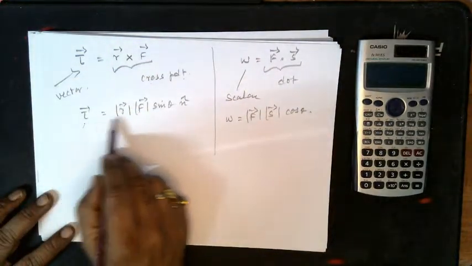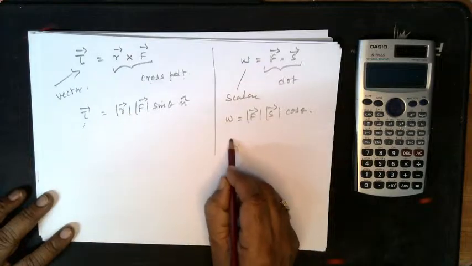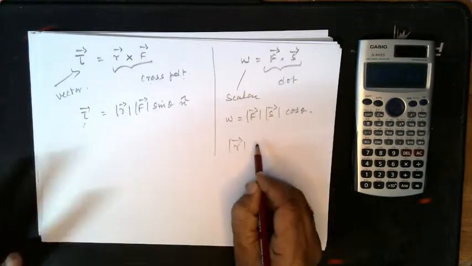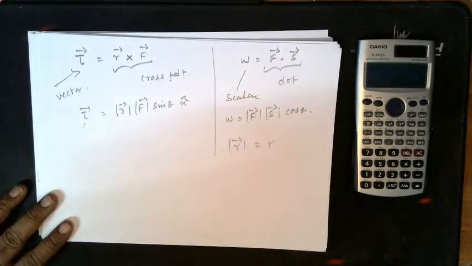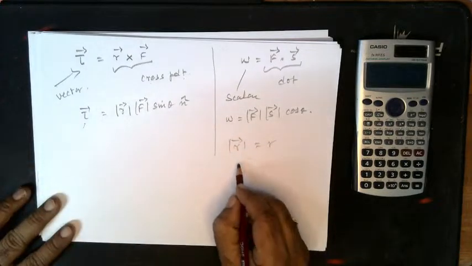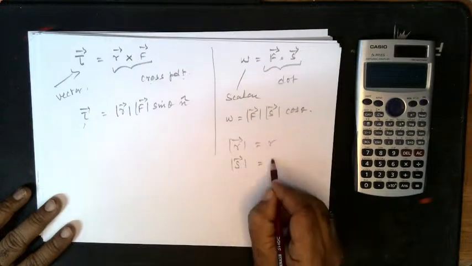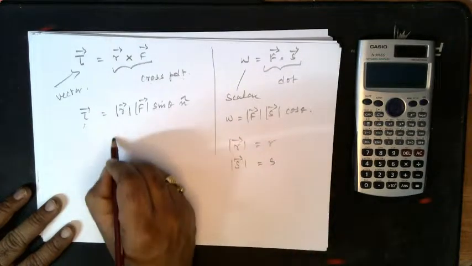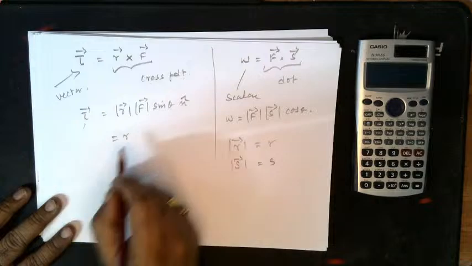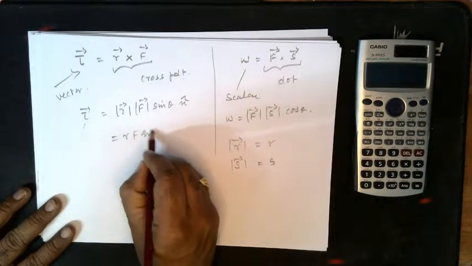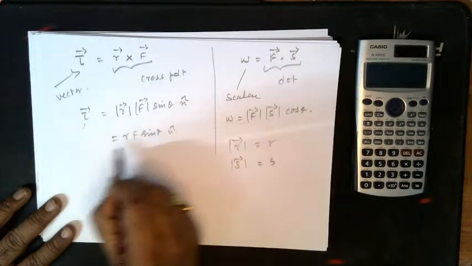So it should be r vector, and r modulus, you know very well, can also be represented as a scalar magnitude. And what about this? Magnitude of modulus of s vector means s. So similarly you can mention this as r and f, then sin theta into n cap, unit vector.